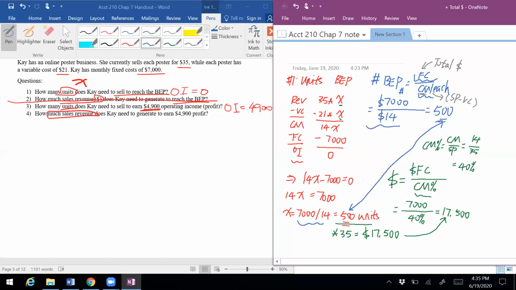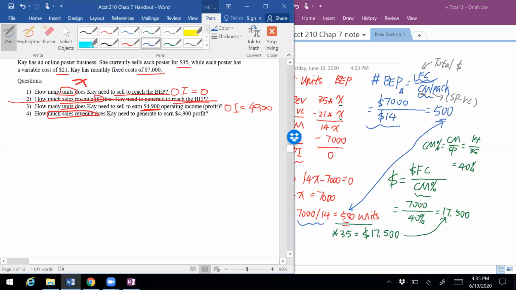Now we got these two parts, and part 3 and part 4 are one step ahead of the break-even point. What's the difference? Now it's not asking for the break-even point, but you want to earn some money. You want to get 4,900 as your operating income.